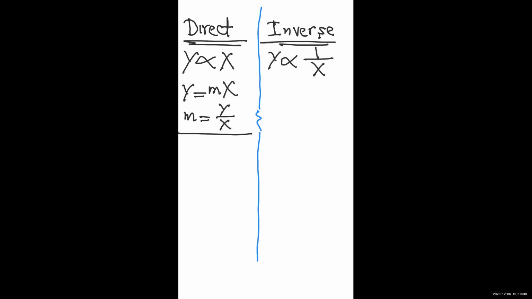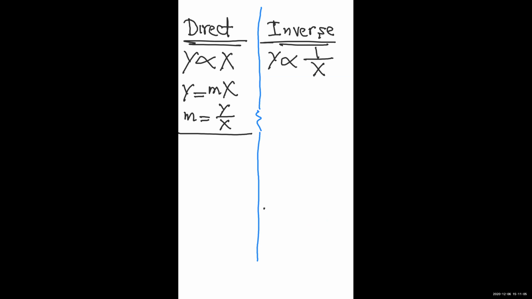So if y varies with xz over k, simply, y varies directly with x, y varies directly with z, y varies inversely with k. Are we clear? Yes. Okay, very good.